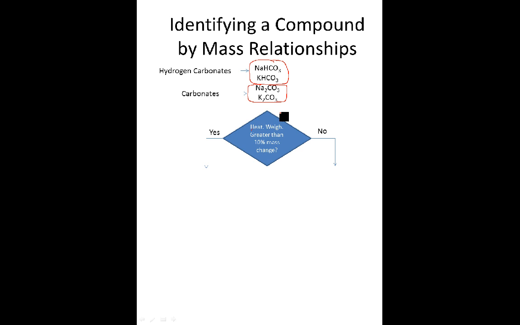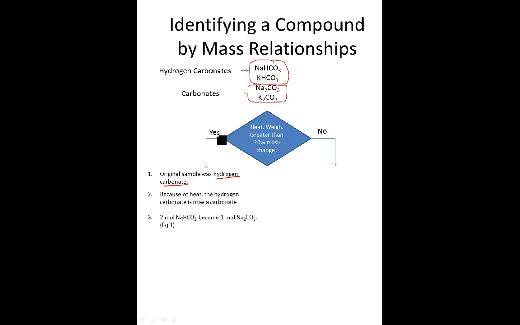Now carbonates won't change, and there'll be no mass difference. Well, there actually may be a little mass difference, because you guys are probably looking for if it changed by 1 milligram, there's a mass difference. But what we're looking for is if there's a greater than 10% mass change, then you will have had a hydrogen carbonate as your original sample.